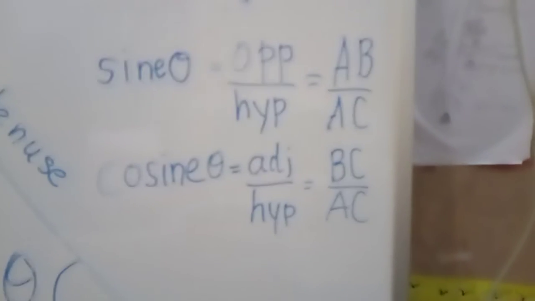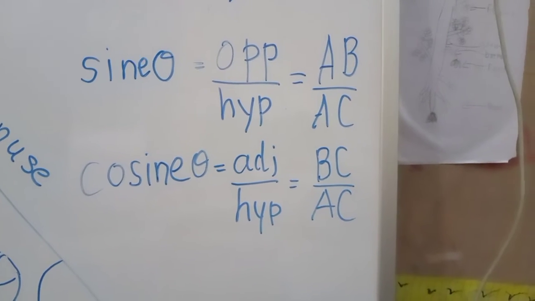Further, we will define now tan theta. Tan theta shall be defined as opposite side by adjacent side.